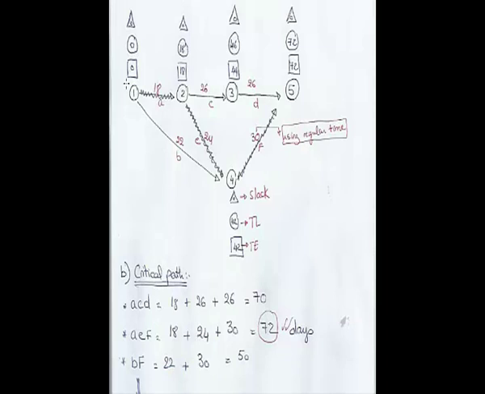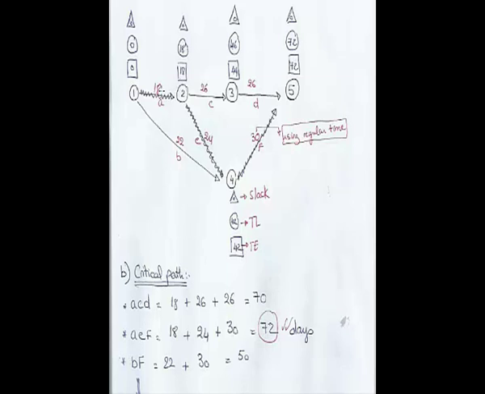So we're going to calculate the critical path. We have several paths available. The first path is ACD, the second one is AEF, and the last one is BF. To calculate the number of days of each path: ACD, the regular timing is 18 plus 26 plus 26 equals 70.